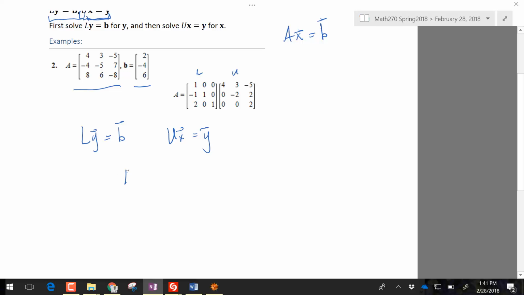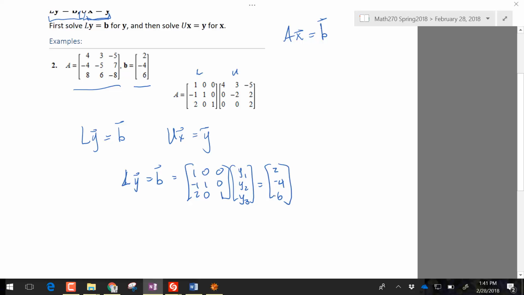So let's do our L: 1, 0, 0, negative 1, 1, 0, 2, 0, 1 times the Y that we don't know is equal to the B that we were given. Is this hard to solve for?